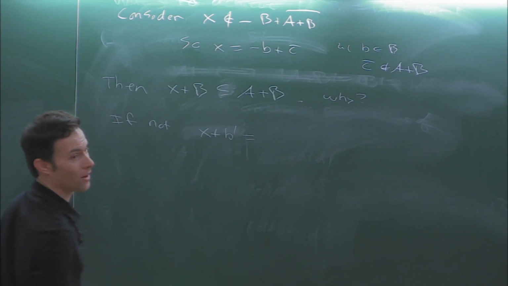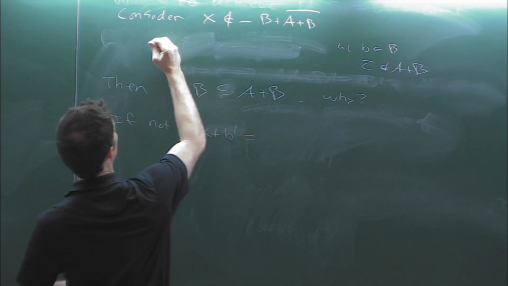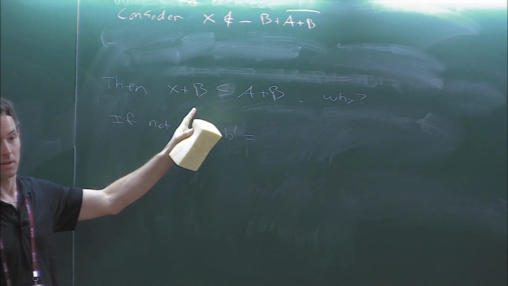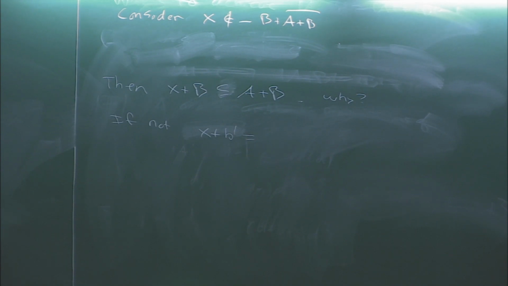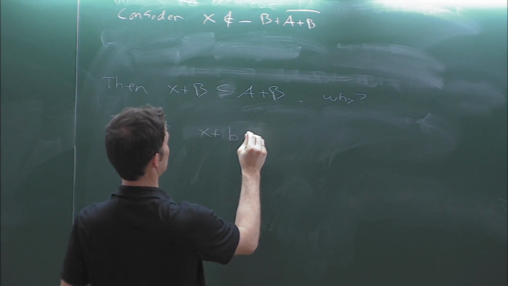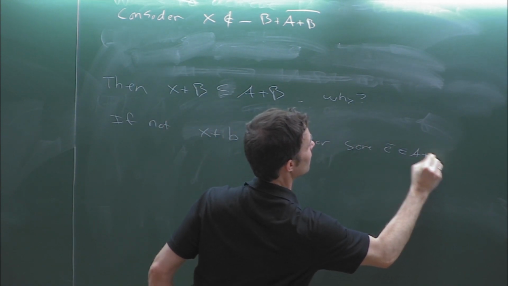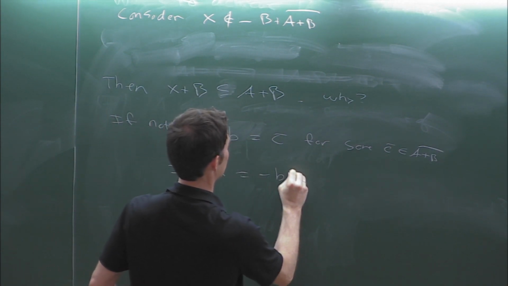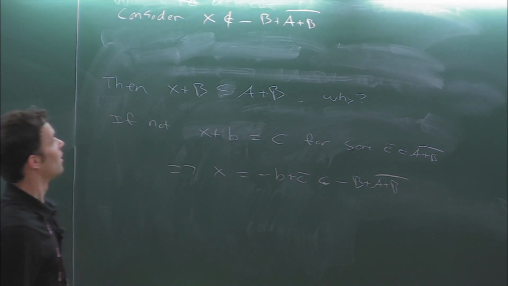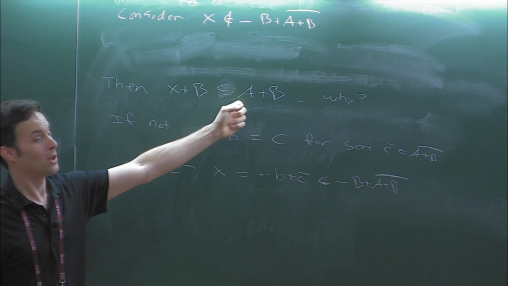The element's not of this form. These are the elements that are going to satisfy this one. I had it reversed. If it's not in here, then we will get x plus b equaling c bar for some c bar inside the complement. And that, of course, means that x equals negative b plus c bar is inside negative B plus the complement of A plus B. Right, so these elements over here, the ones that aren't in negative B plus the complement of A plus B, when we add them to B, we don't gain any new elements.